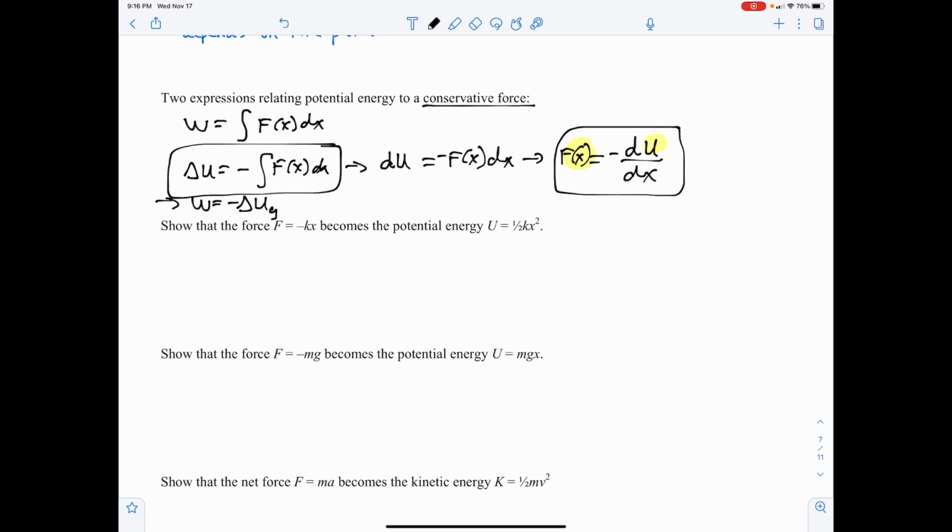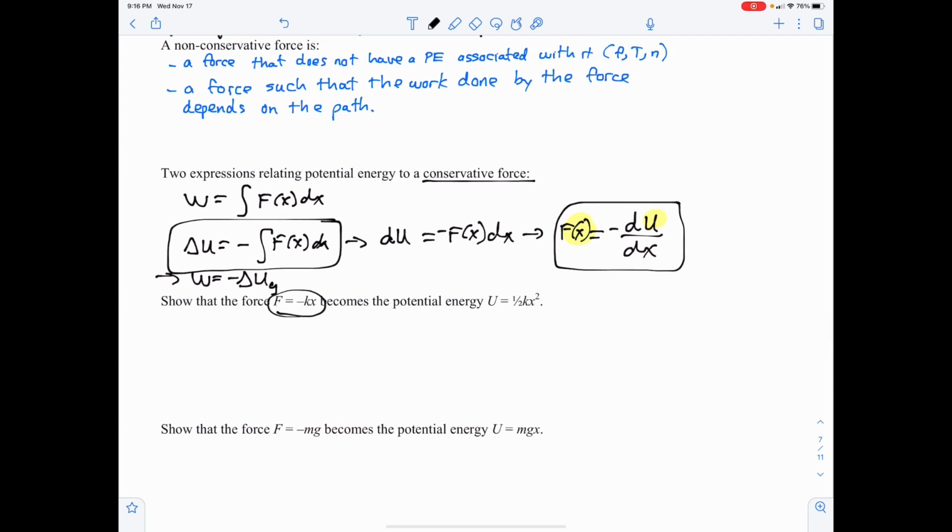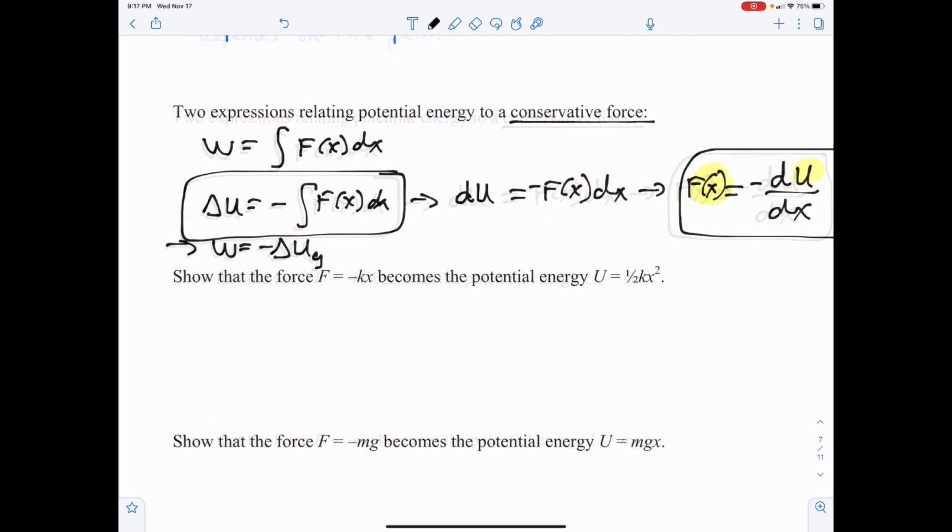Okay, now we're going to use a little bit of integration to show where these formulas come from. Let's show how this conservative force becomes that potential energy, spring potential energy. We're going to use the equation U, the potential energy, is equal to the negative integral of the force function dx.